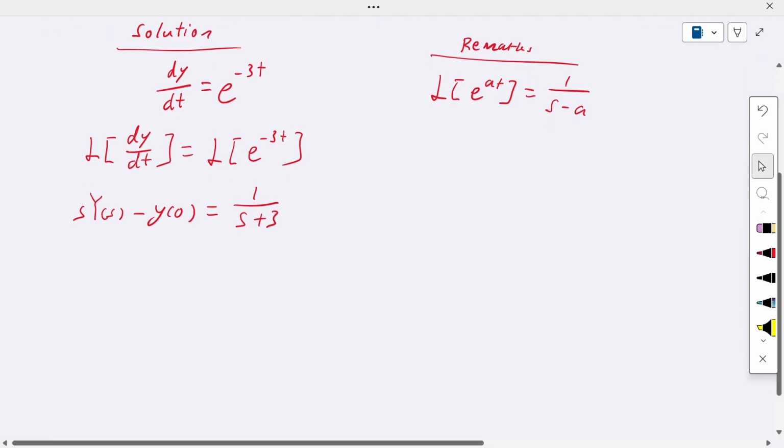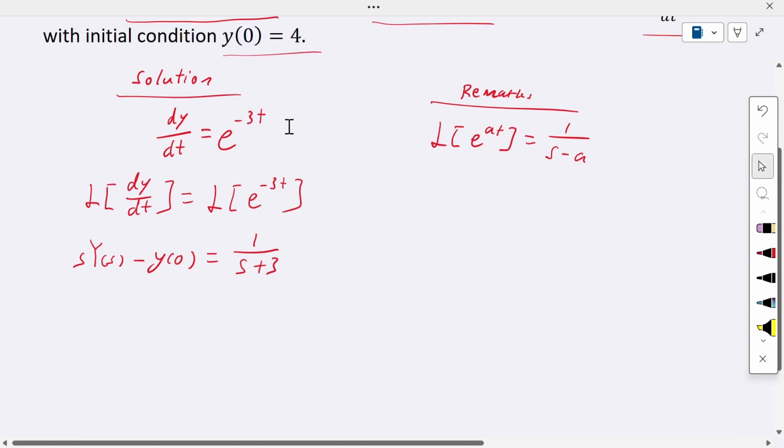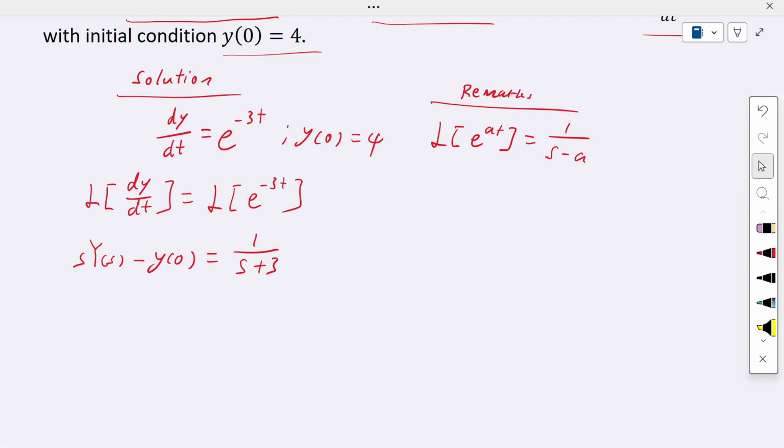Now we substitute our initial condition. Remember, the initial condition is y(0) equal to 4. So here we have s Y(s) minus 4 equal to 1 over s plus 3.